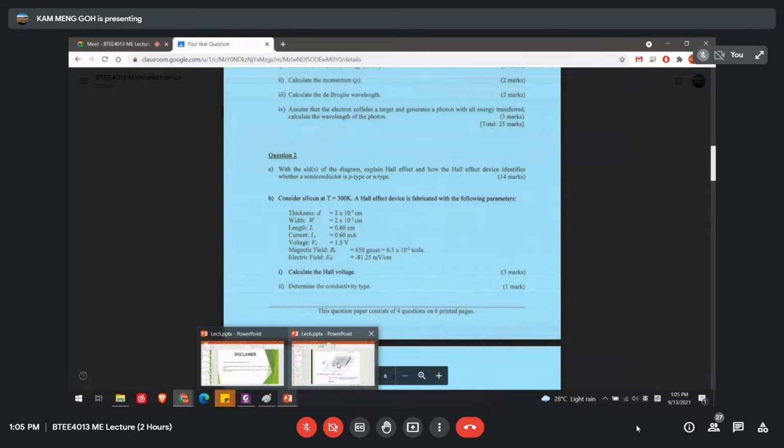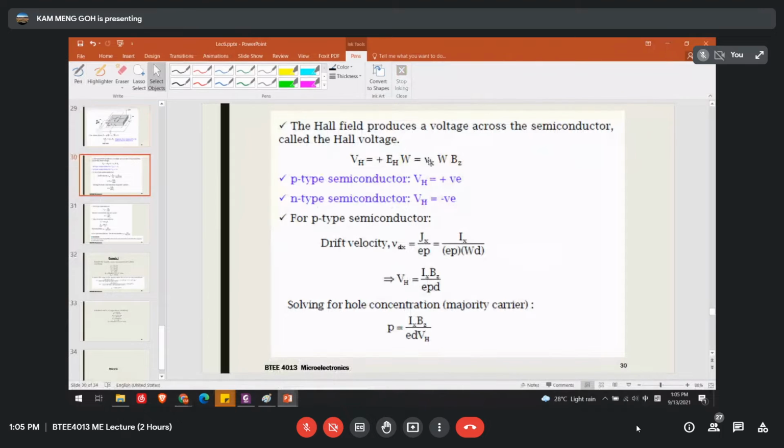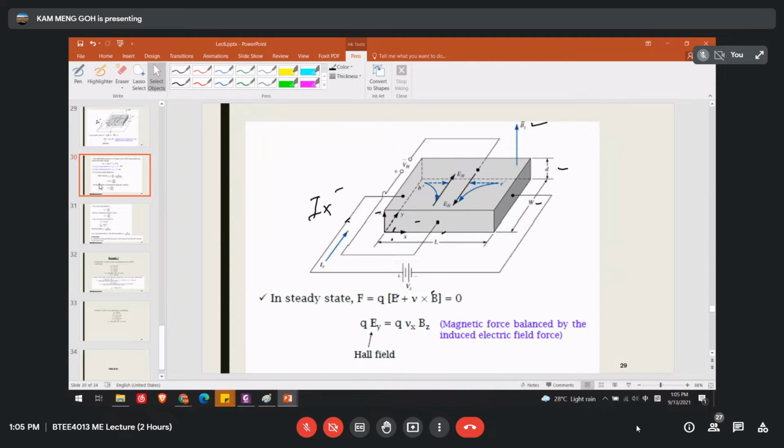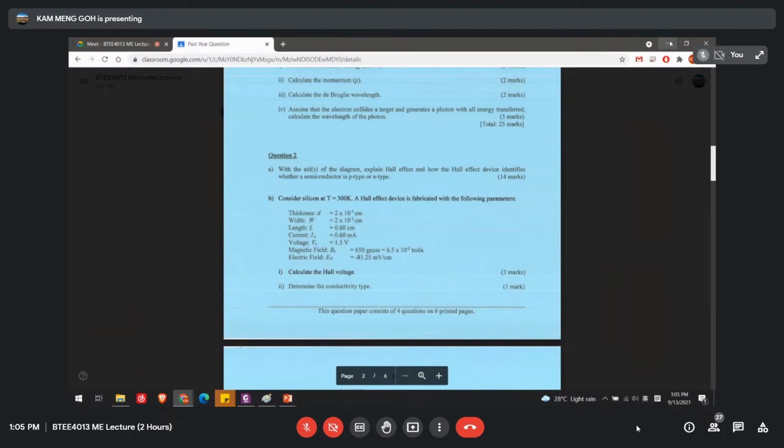To identify that, you need to use this formula. If your Hall voltage is positive, this is p-type. If the Hall voltage is negative, this is n-type. So draw this diagram, then answer in this way, and you should be able to get full marks. So this is 2A.